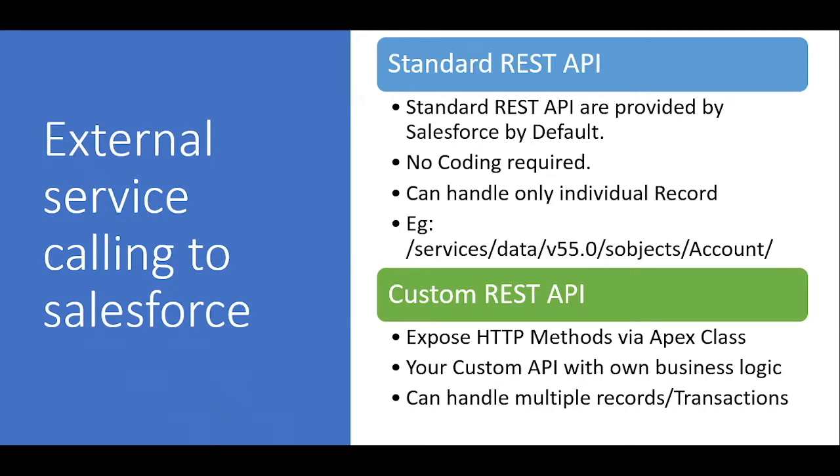In custom REST API, certain limitations of standard REST API are taken care of by exposing the HTTP method by writing our Apex code. Here we can have our own business logic and we can handle multiple records in one transaction.